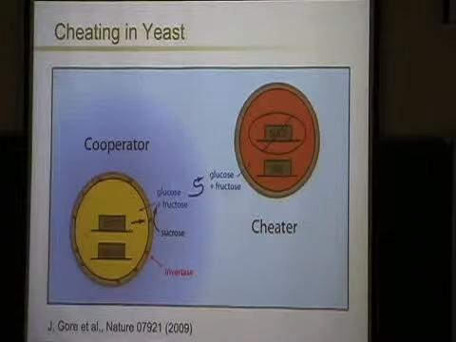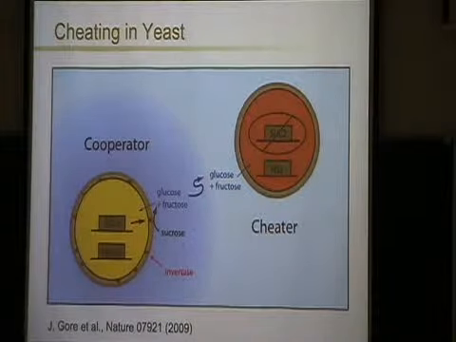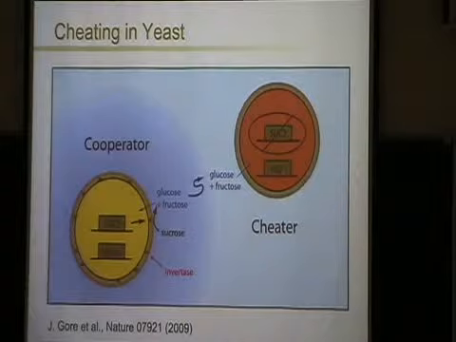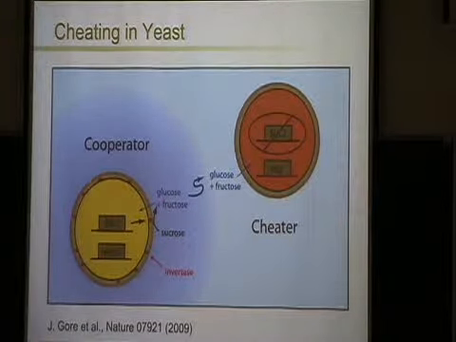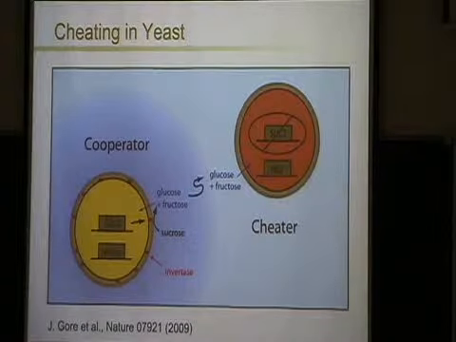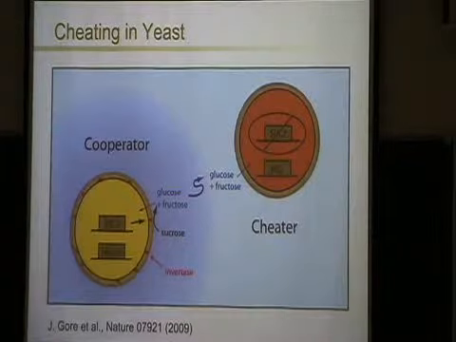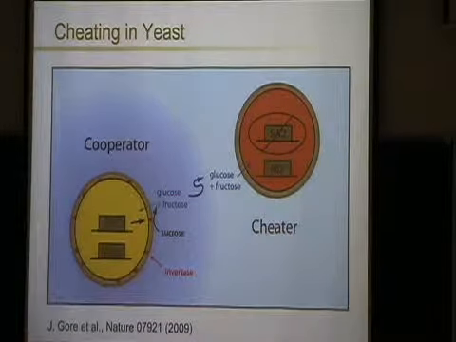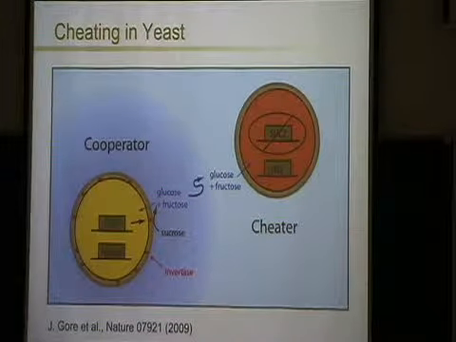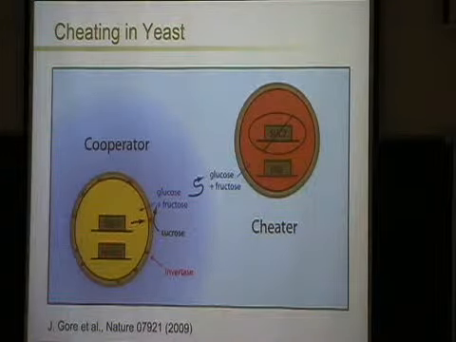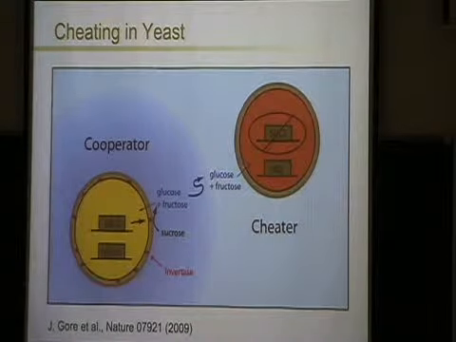Then there are cheaters, of course, missing that particular gene, so missing the invertase. They're just eating. They take advantage of the cost these guys are paying and just reap the benefit. This looks, from what I said in the beginning, very much like a business dilemma. What's history? Okay, history comes to the story later. I can talk a bit about this now. In the business dilemma, you have benefit and cost.